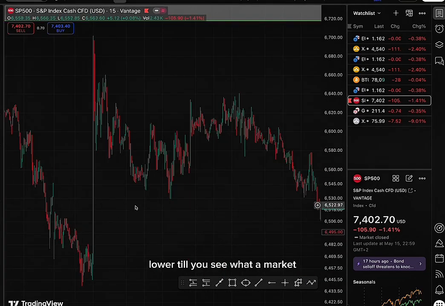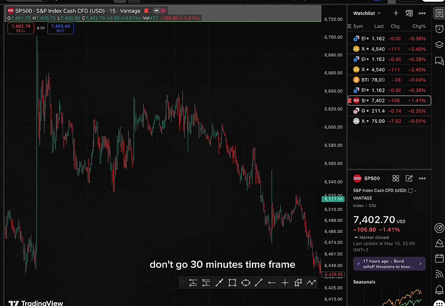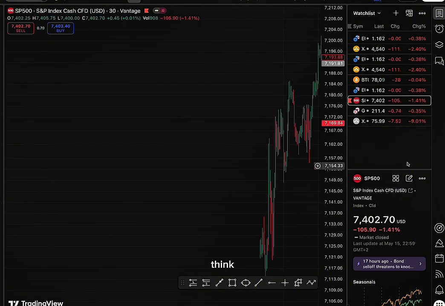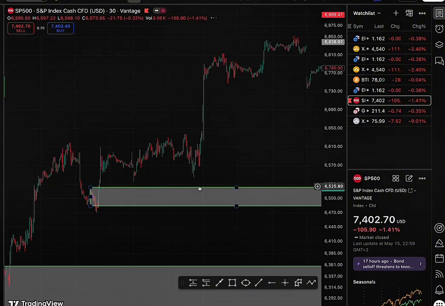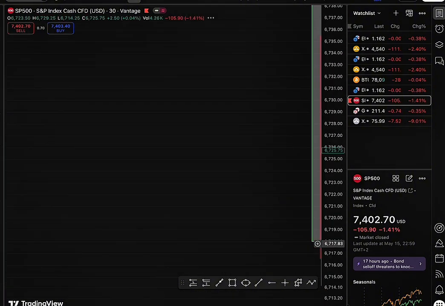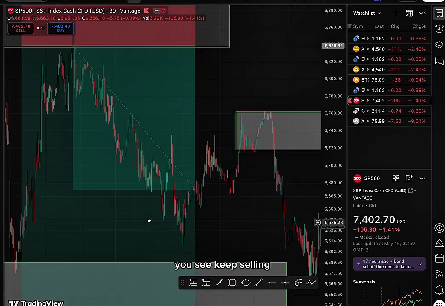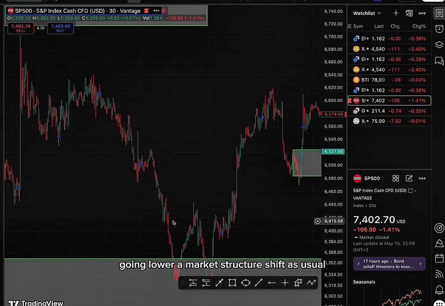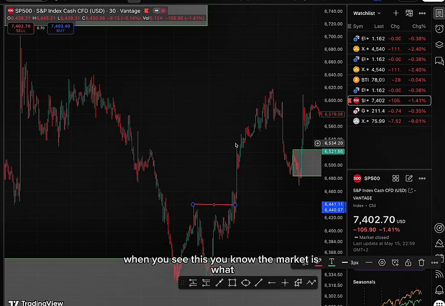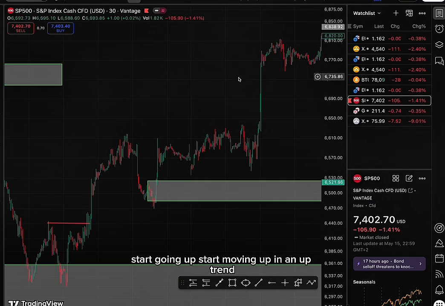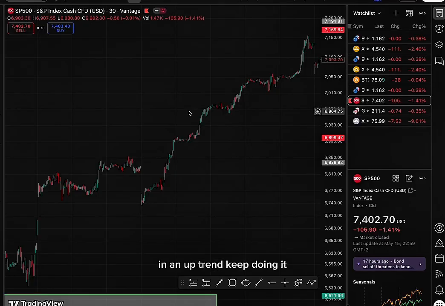Till you see what? A market. Let me go to the 30 minutes time frame. You see, keep selling, going lower. A market structure shift as usual. When you see this, you know the market starts going up, start moving up in an uptrend.